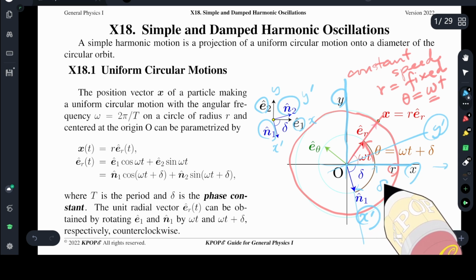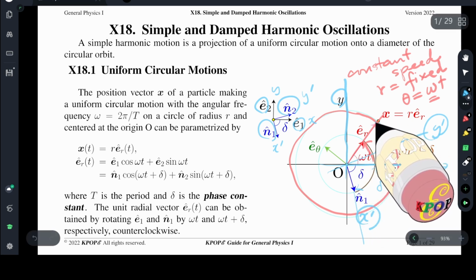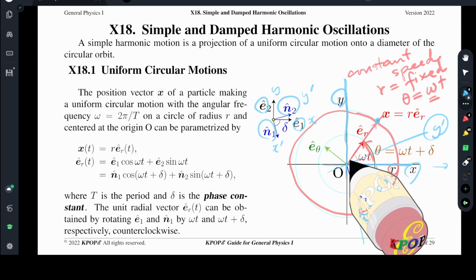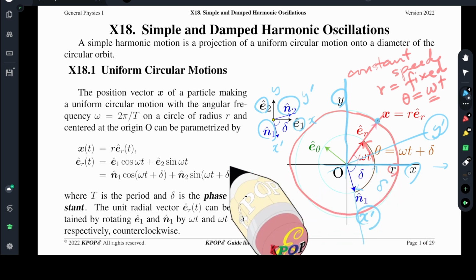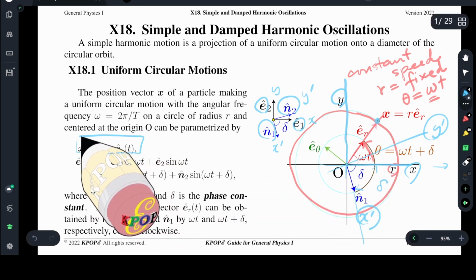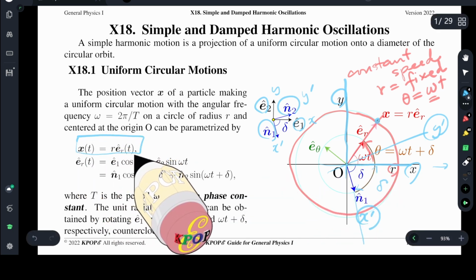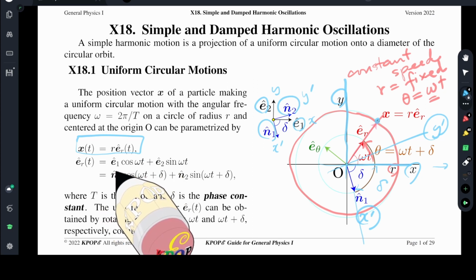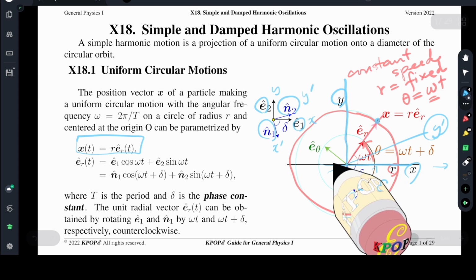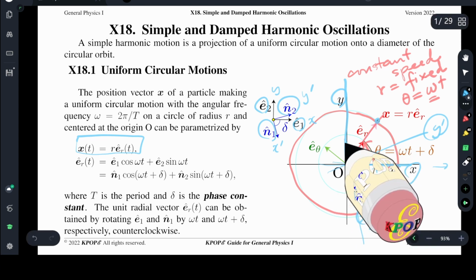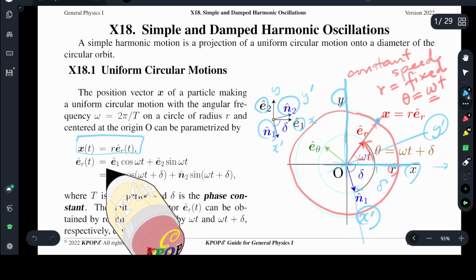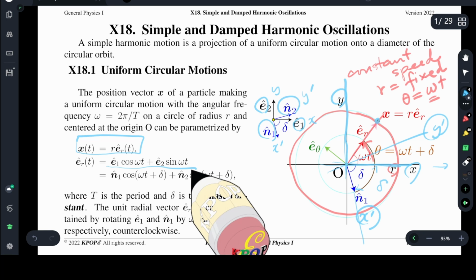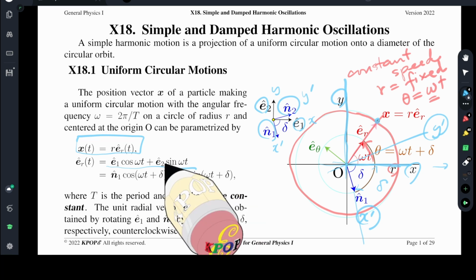So the position vector of a particle on the circle of radius r centered at the origin will be expressed as the radius multiplied by the unit radial vector. And the unit radial vector in terms of the Cartesian basis vectors along x and y directions is cosine omega t e1 hat plus sine omega t e2 hat.